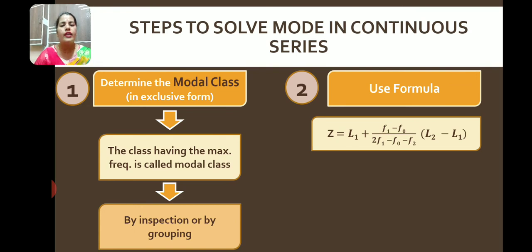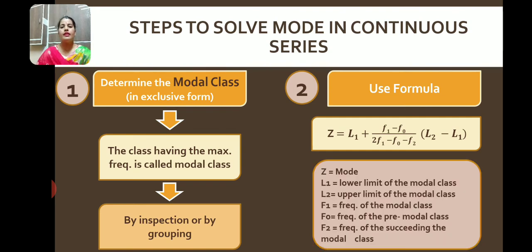Now what are L1, L2, F1, F0 and F2? Here is the description. Z is equal to mode, L1 is the lower limit of the modal class, L2 is the upper limit of the modal class, F1 is the frequency of the modal class, F0 is the frequency of the pre-modal class, and F2 is the frequency of the post or succeeding or next modal class.